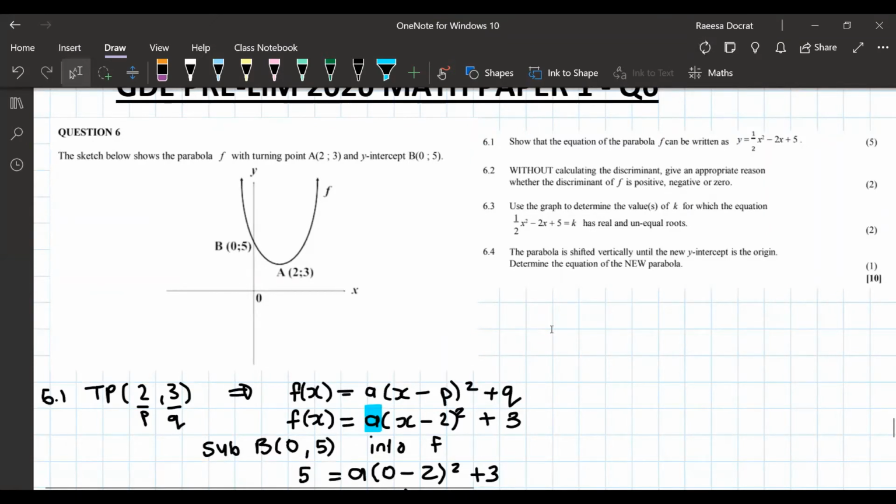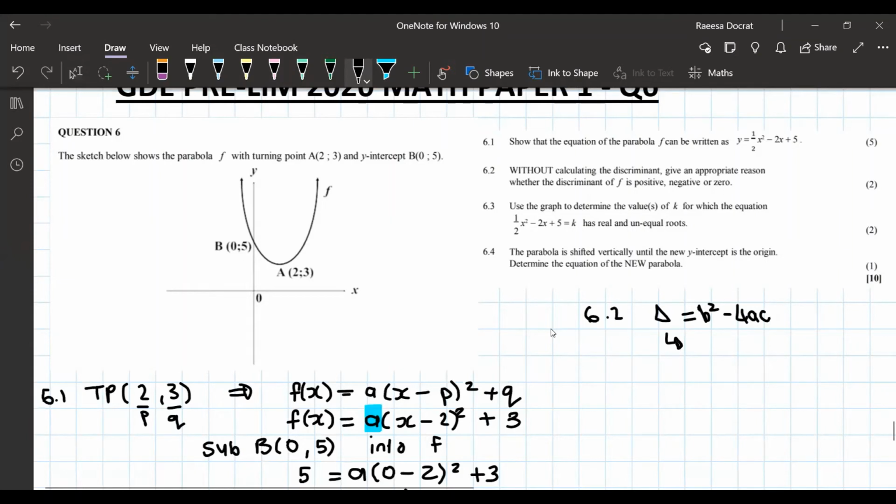It says, without calculating the discriminant, give an appropriate reason whether the discriminant of f is positive, negative, or 0. The discriminant is delta, which is b squared minus 4ac. It tells us whether our roots are real, rational, or non-real. If you forgot this, please revise the nature of the roots video.